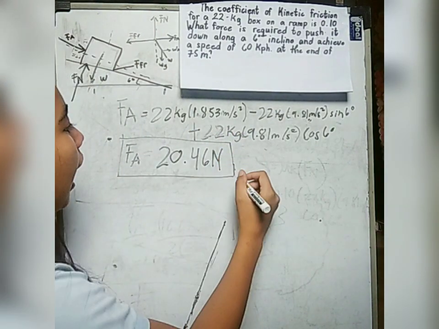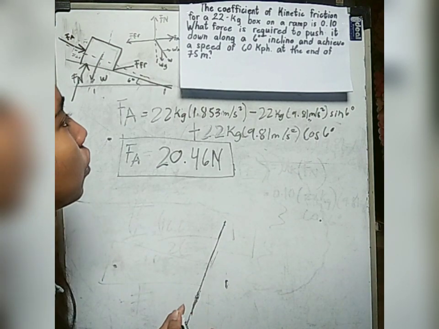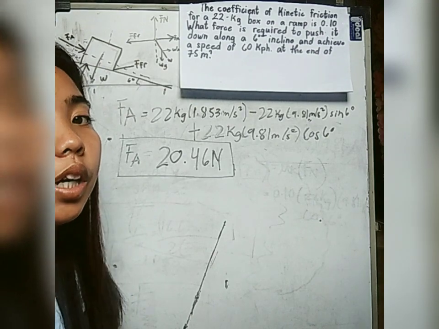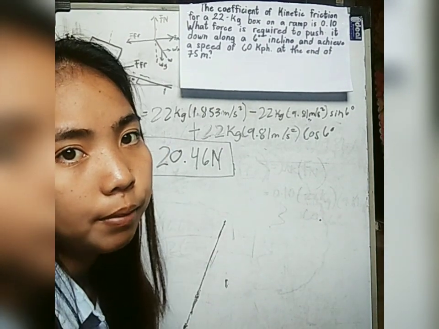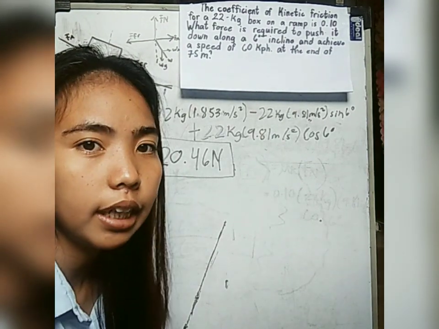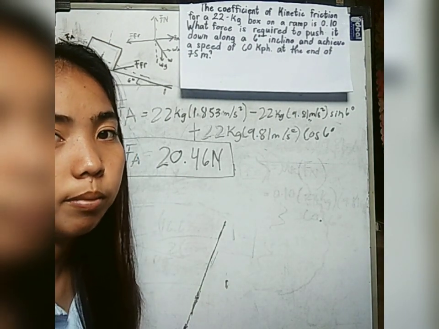Ito yung force na kailangan para yung box is ma-achieve niya yung 60 km per hour at the end of 75 meter. Incline that the ramp is 6 degrees.